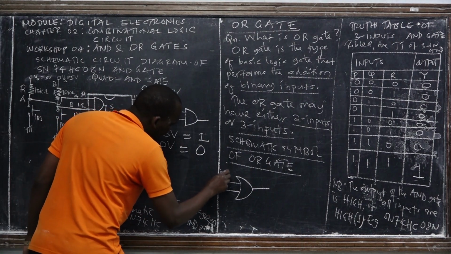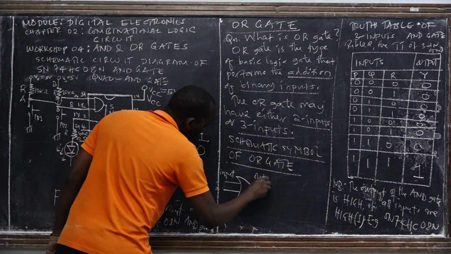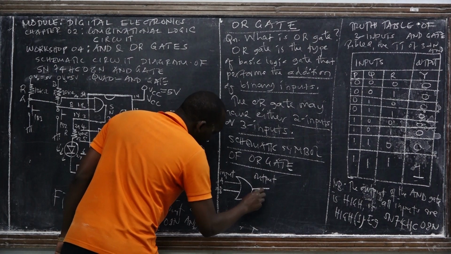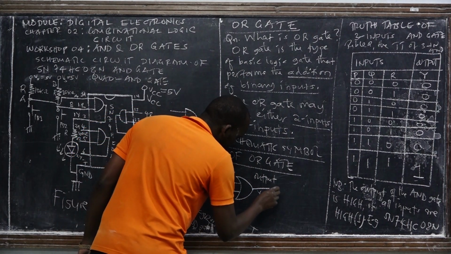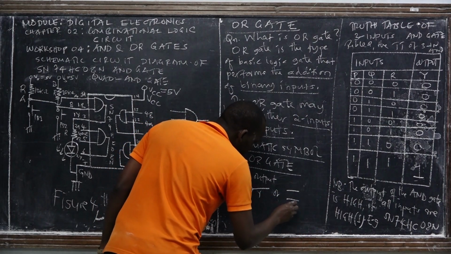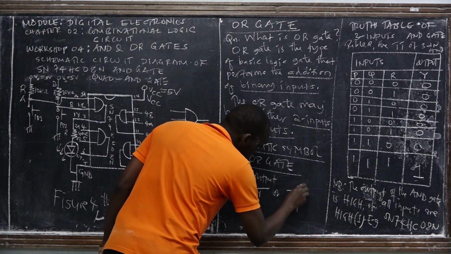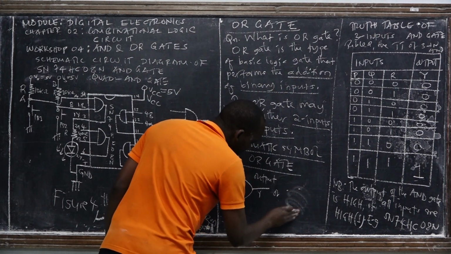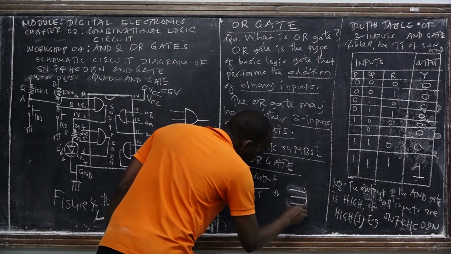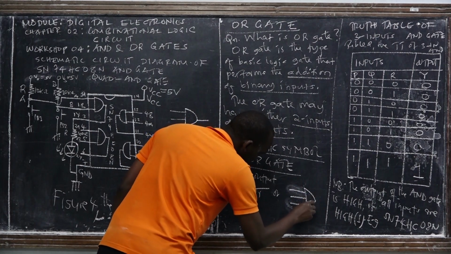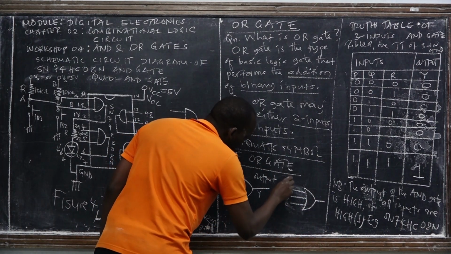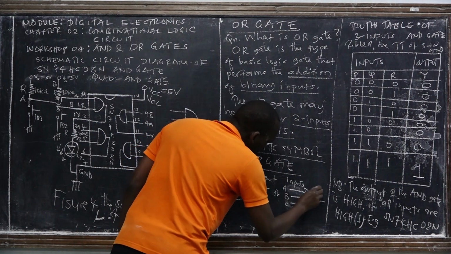So this is input, this is output. So input A, input B, output Y. If it is the OR gate with 3 inputs, A, B, C, these are the inputs, this is the output.